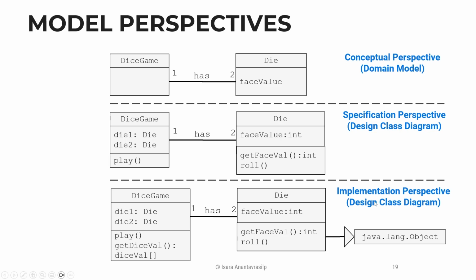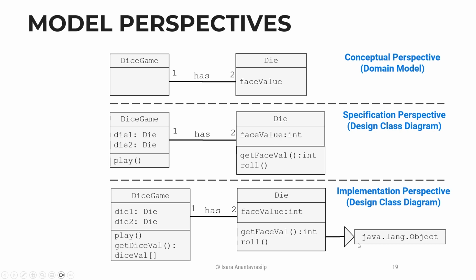You can go to the implementation perspective. In the implementation perspective, you specify even more than that. Get dice value: you're going to return the dice var, which is an array. And you have this integer and this returned integer and so on. And this is a subclass.